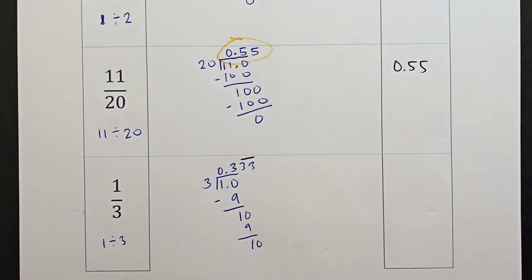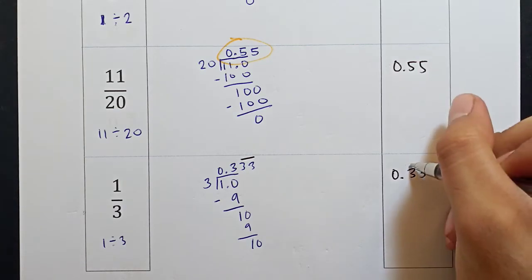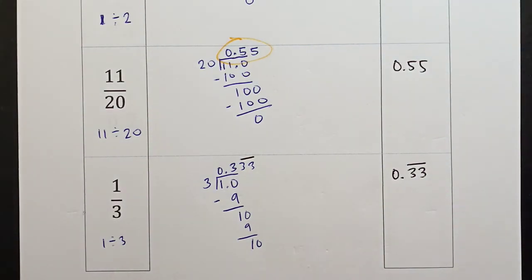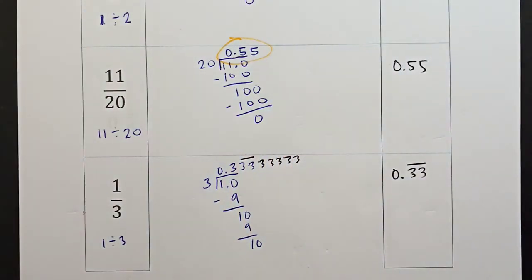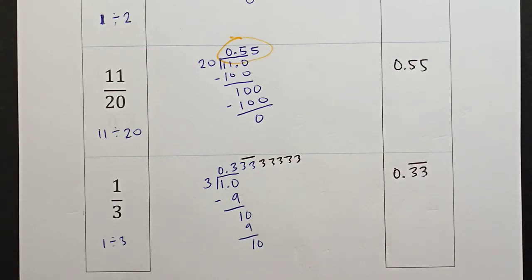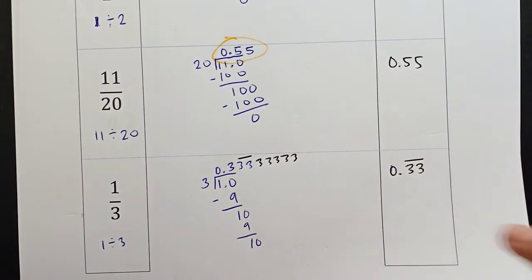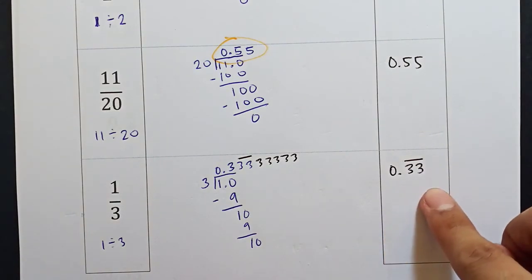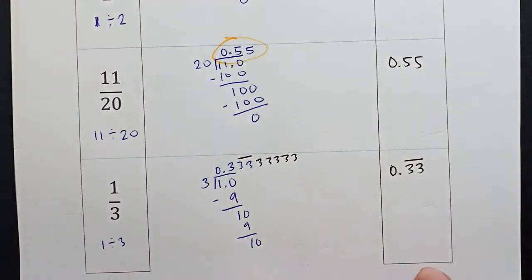We can write 0.3 bar, meaning siya ay magtutuloy, 0.3333, tuloy-tuloy yan. To simplify, we can put a bar over the number and that's it. So we have 0.3 bar. Yan ang equivalent ni 1/3 sa decimal.